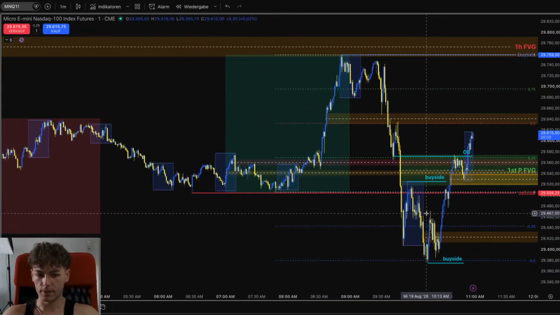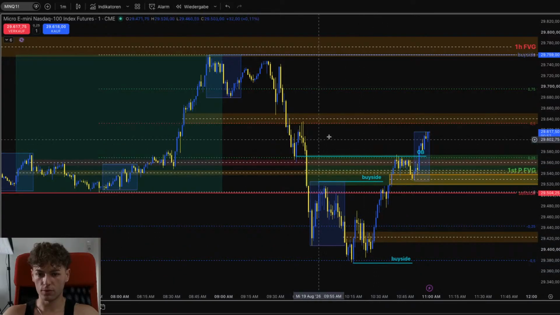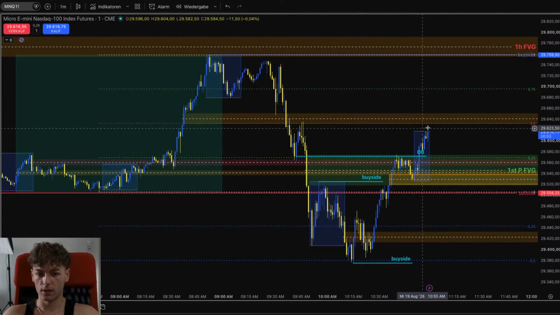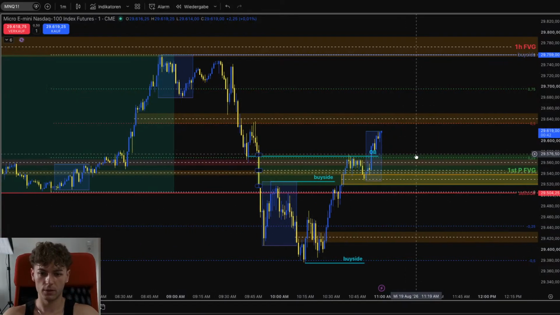So it seems like a lunge, a macro retracement into everybody who's been profitable on the shorts, stopping everybody out who's been short, and then go lower towards 12:30, 1:30 to 4 p.m.